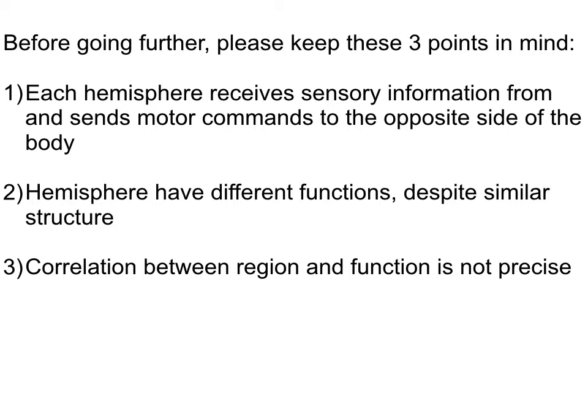But know that these regions can be smaller or larger from person to person, and that some of the regions do overlap, so that you could have a patch of cerebral cortex that actually functions in two different regions. So we're learning a lot of average location, average function, but know that there is variability.